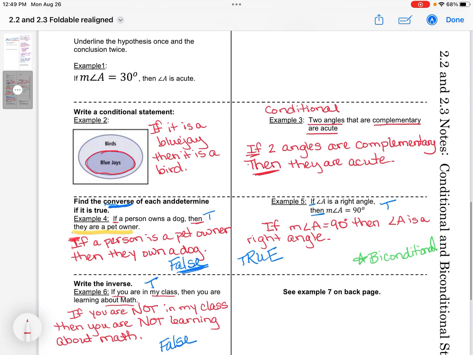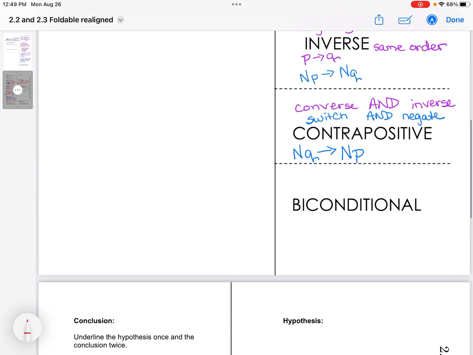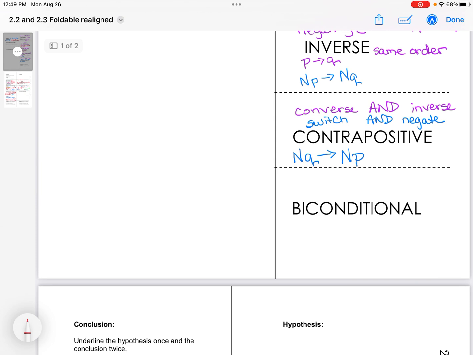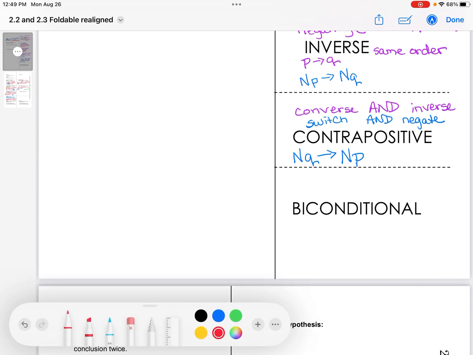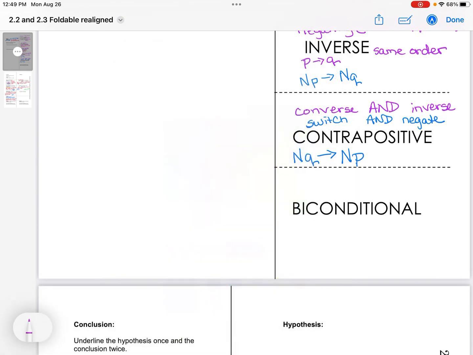One more is biconditional. So biconditional is when the conditional and converse are true. Remember we wrote that up there a minute ago.